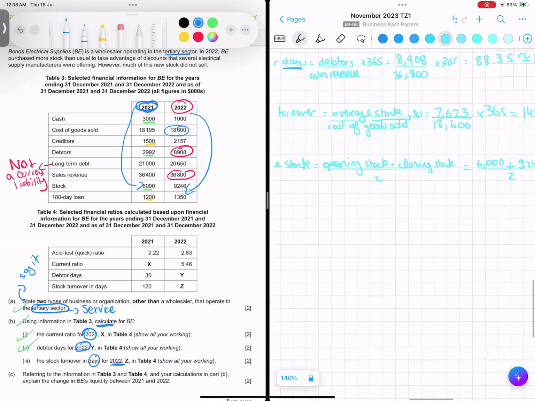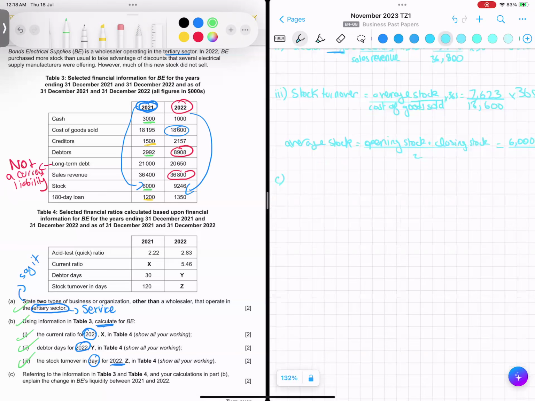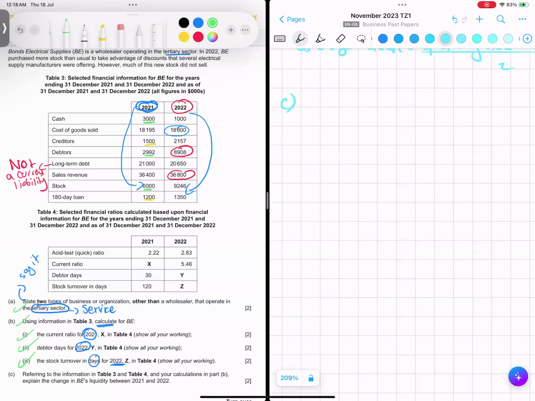Now for the last question, C, they say, referring to information in Table 3 and Table 4 in calculations of Part B, explain the changes in liquidity between the years 2021 and 2022, which is the financial data they gave us.